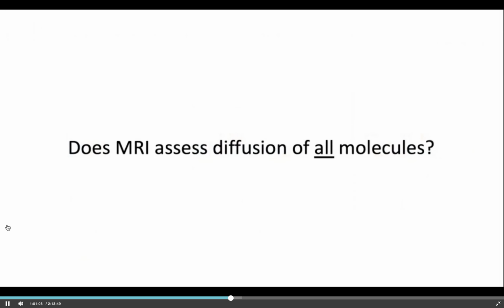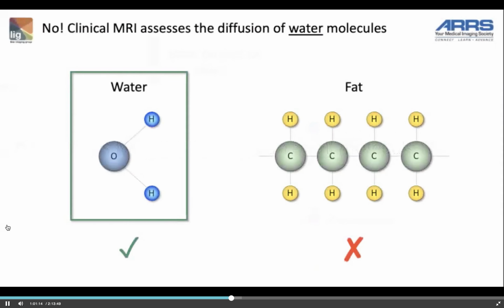Now, does MRI assess diffusion of all molecules in the human body? And the answer is no. Clinical MRI, it's important to make this clear, clinical MRI in the year 2021 assesses the diffusion of water molecules. It doesn't assess the diffusion of fat molecules.